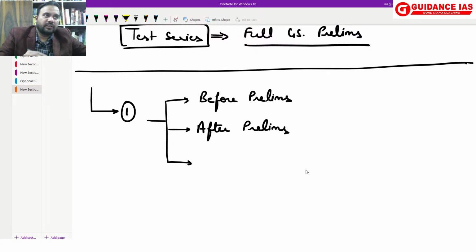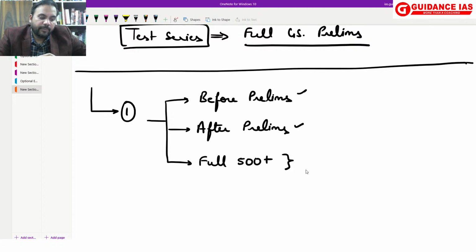And the third one is the full 500 course. This full course is divided into 2 parts, before and after. There are different fees for each, and combined fees for the full one.